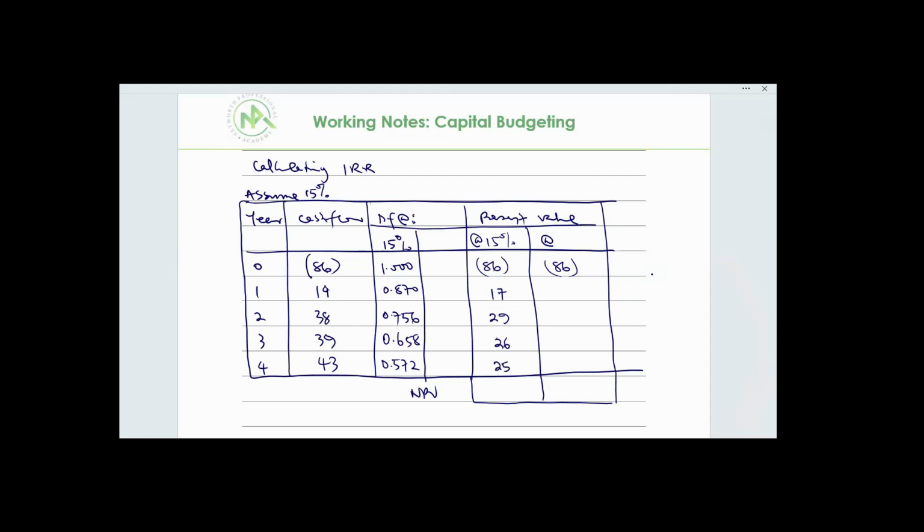So 25 plus 26 is 51, plus 29 is 80, plus 17, total is 97. 97 minus 86 is 11 positive. So at 15% we got a positive NPV.